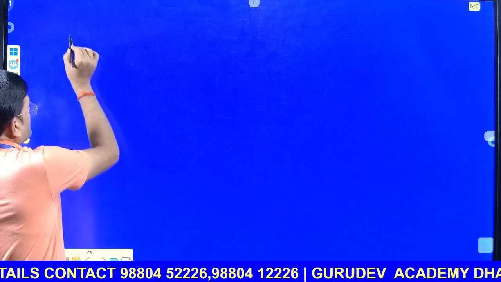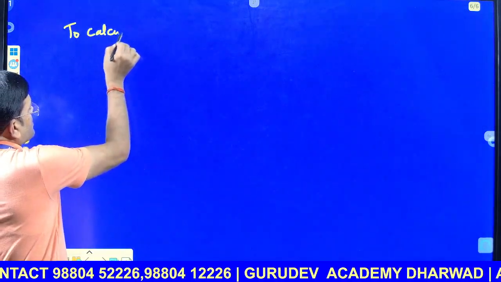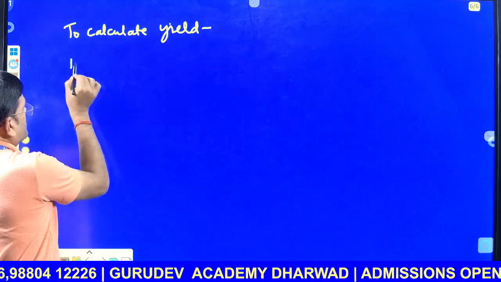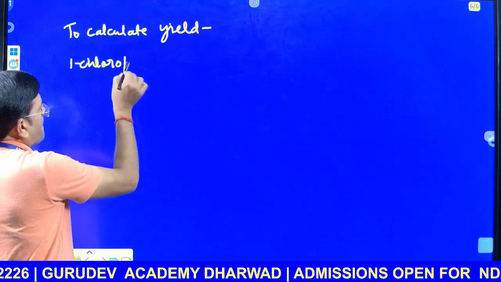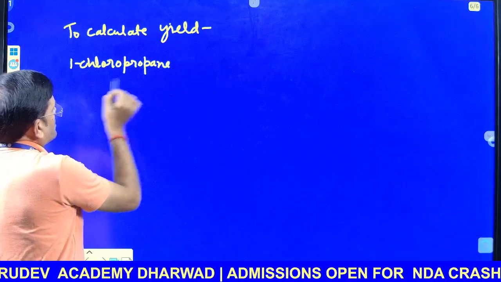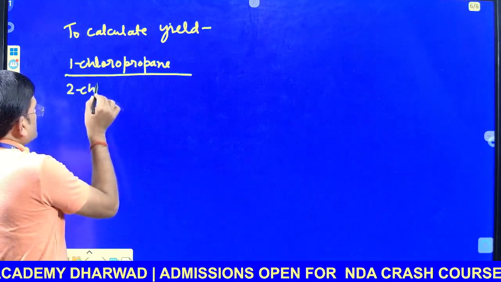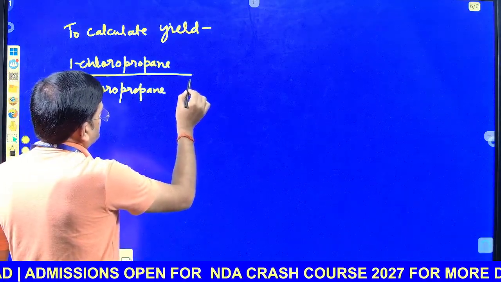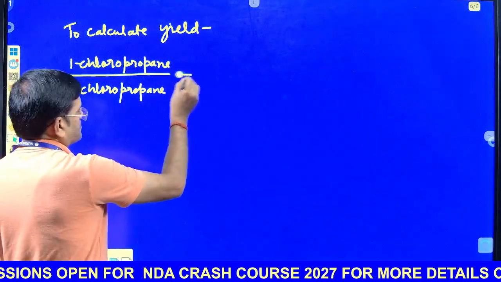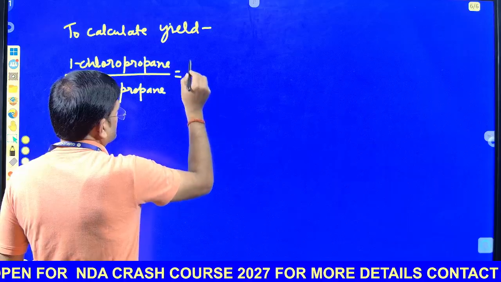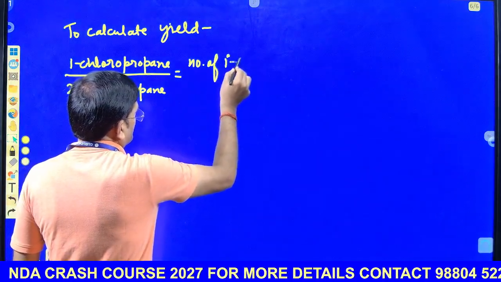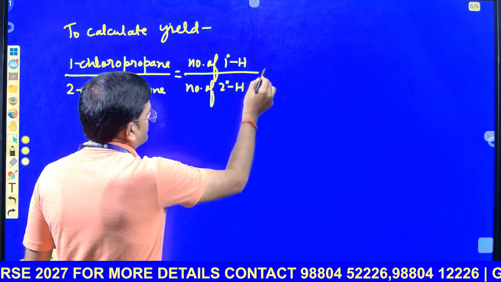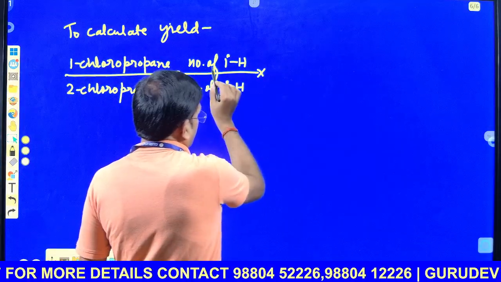So for the calculation purpose, to calculate yield, just see: 1 chloropropane divided by 2 chloropropane is equal to number of 1 degree hydrogens divided by number of 2 degree hydrogens, into respective reactivity.